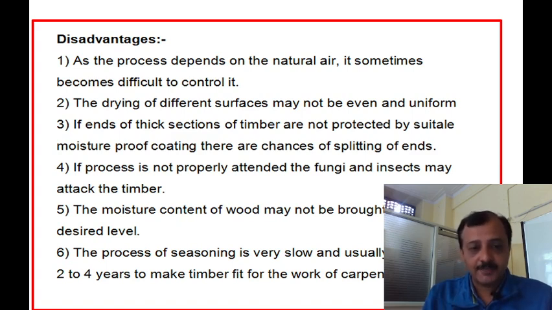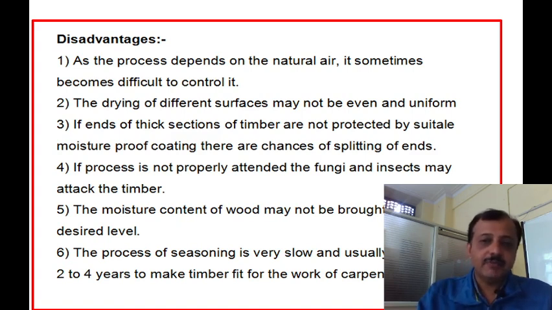In this method, the moisture content of the wood may be brought down to the desired level, say about 30 to 40 percent of the moisture content we can remove. The process of seasoning is very slow, and usually it takes a minimum of 2 years to make the timber fit for carpentry work.